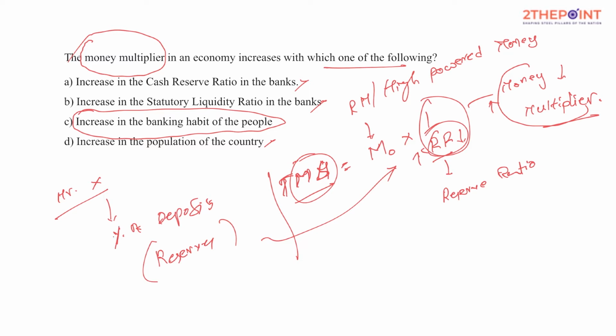So only when the banking habits of people increase, there would be a high tendency for money to get multiplied, and hence in this question this is the most appropriate answer. And imagine if they had given you decrease in CRR, then in fact that would have been the better answer.